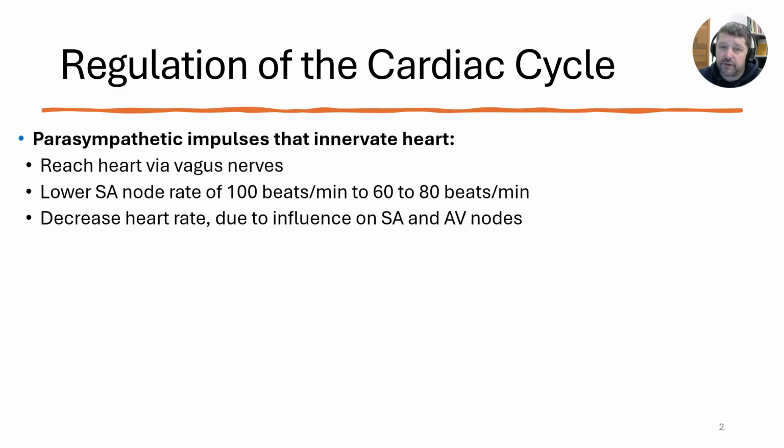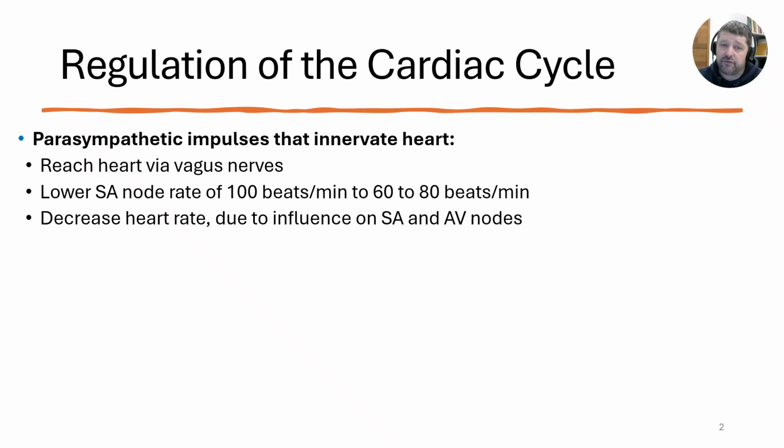Okay, so the parasympathetic, again, is reaching the heart via the vagus nerve. Like I said before, the SA node rate is about 100 beats per minute. This is really innately controlled. It's genetically controlled. Some individuals may have a little bit higher beats per minute or a little bit less beats per minute.